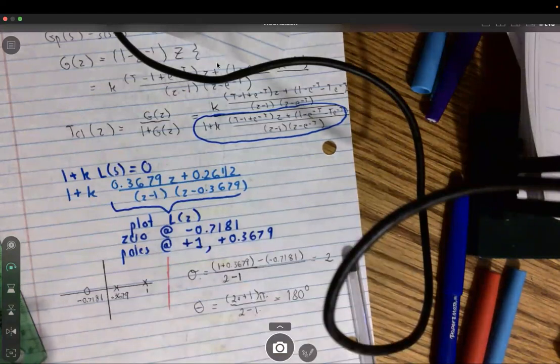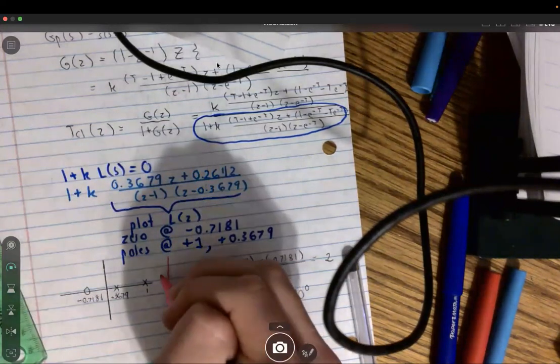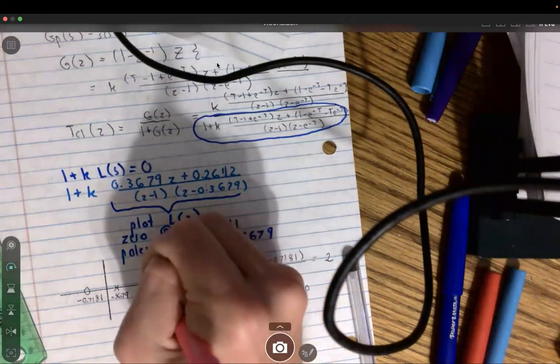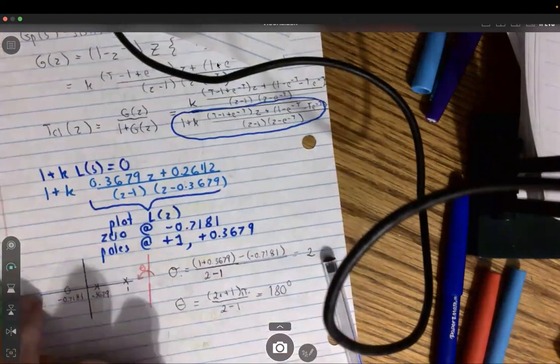So what we're going to see here is that here's our asymptote, and the angle we're going to go from the asymptote is going to be along the 180 line.